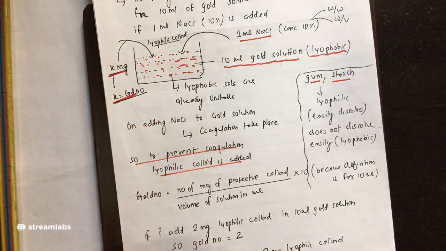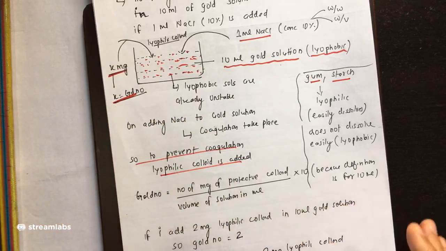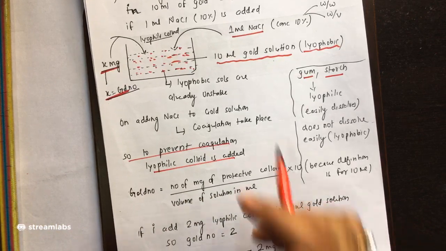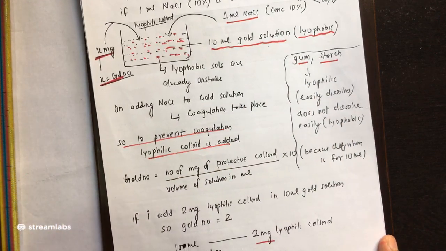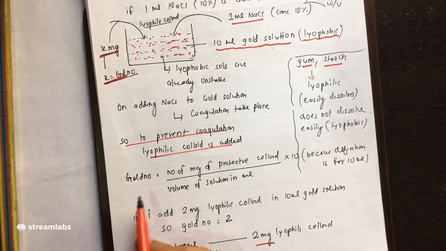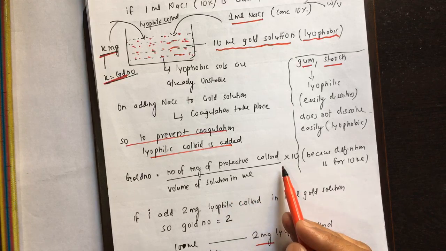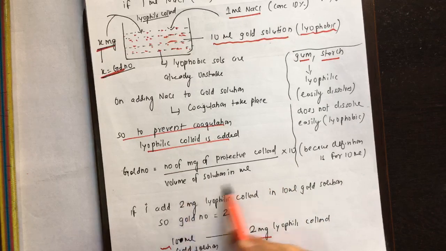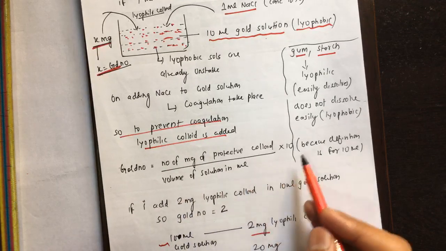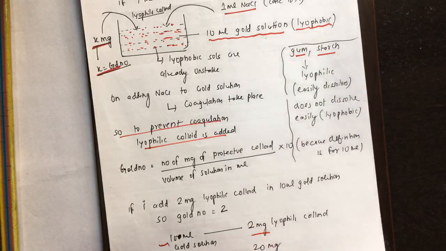X milligram. So whatever X milligram you add, that is called the gold number, because it is defined for 10 milliliter gold solution. So we can say gold number is the number of milligram of protective colloid divided by volume of solution in milliliter, into 10, because it is defined for 10 ml.